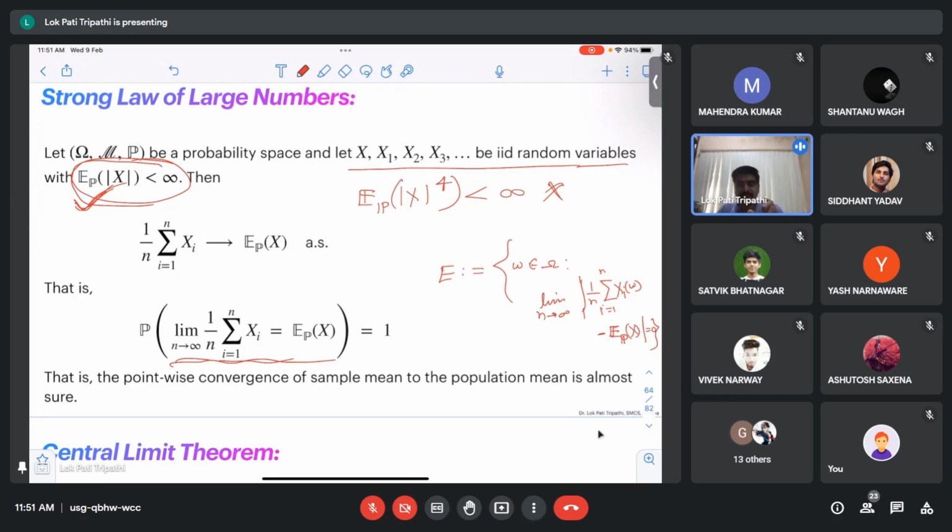Collect all those points of the sample space omega at which this sample mean converges to the population mean. Once you fix omega, this X_i will give you a realization of that random variable.